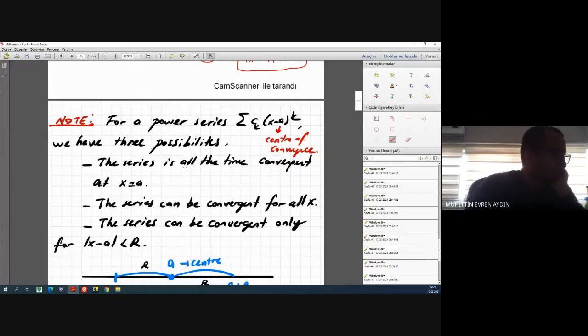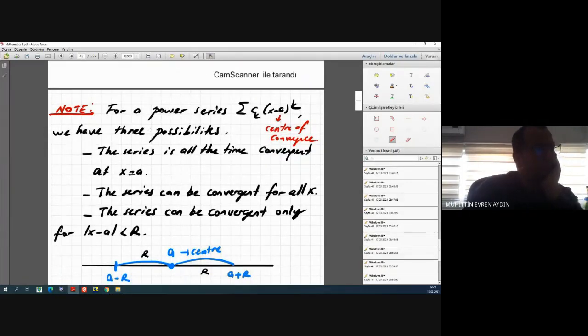This note is important for a power series: the series is always convergent at the point x equal to a, which means that a power series always converges at its center.